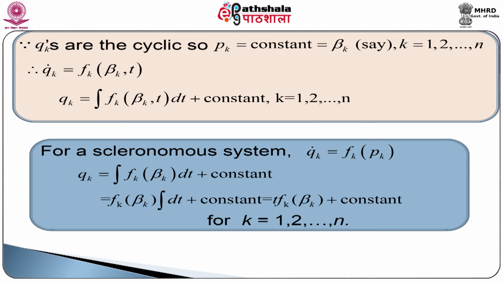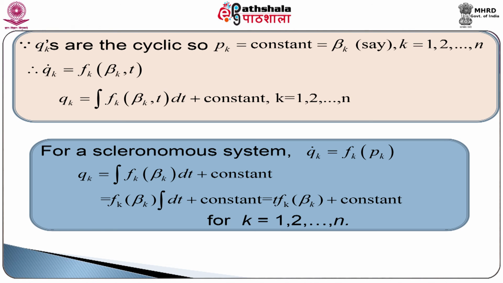Therefore, qk dot equal to fk function of beta k comma t. Here we have used the result pk equal to beta k. This on integration gives qk equal to integration fk function of beta k and t into dt plus integrating constant for k equal to 1, 2 up to n. So, the coordinates can be determined by integration.